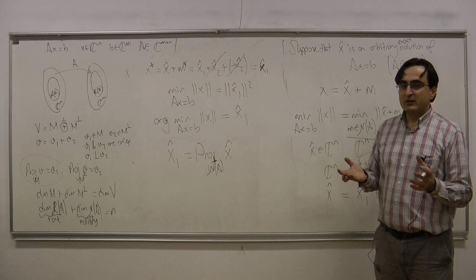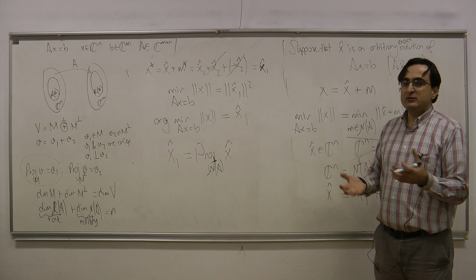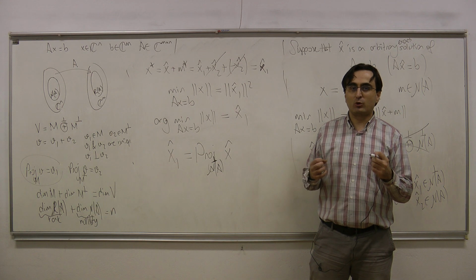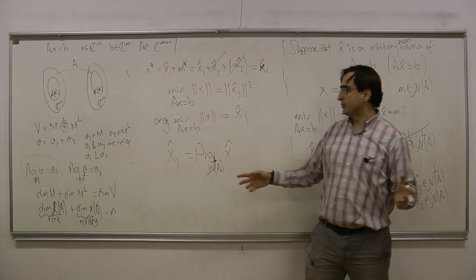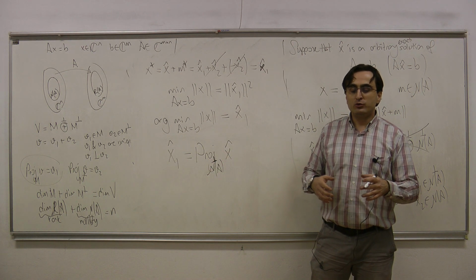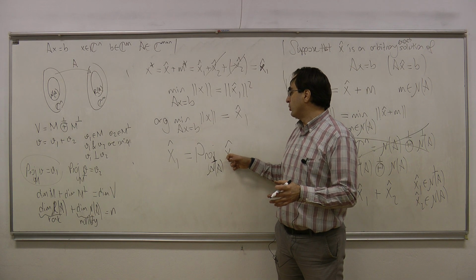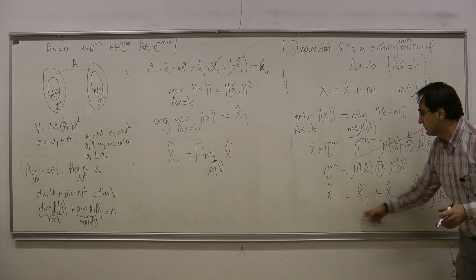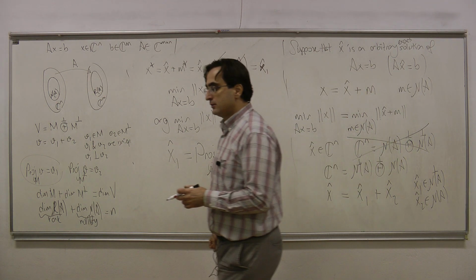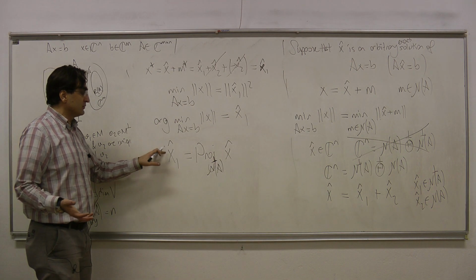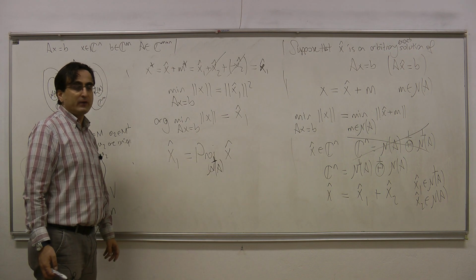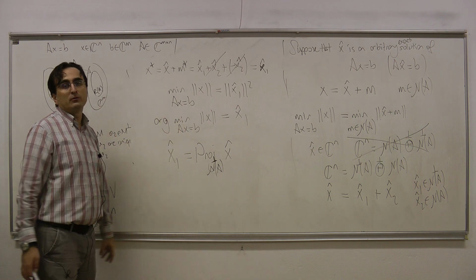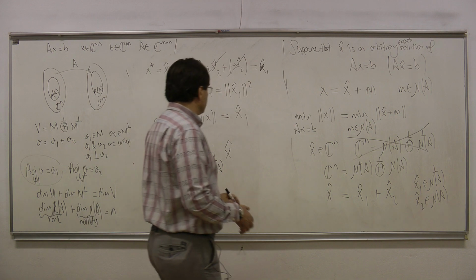Remember, non-uniqueness is caused by non-zero vectors inside the null space of A. So in order to obtain a unique minimum norm solution, you get rid of all components of an arbitrary solution inside the null space of A. You throw away all components of x hat in the direction of the null space of A, and then you end up with the projection of x hat onto the orthogonal complement of the null space of A. And that is our minimum norm solution.